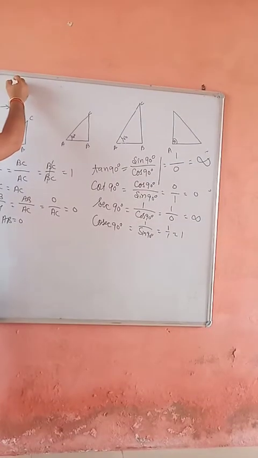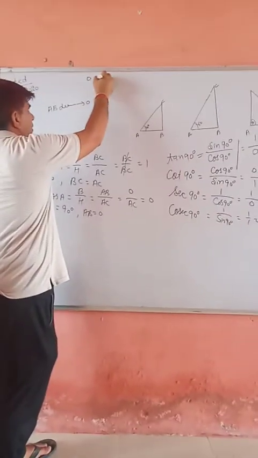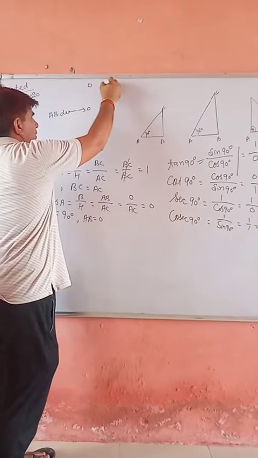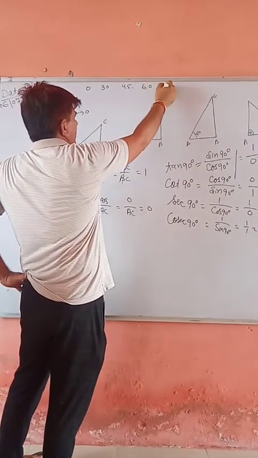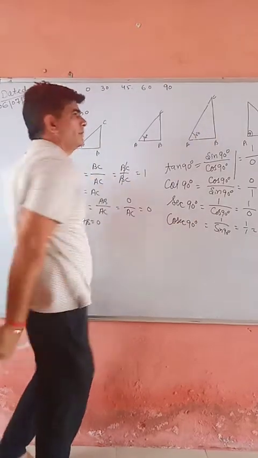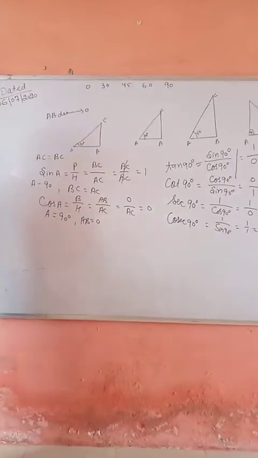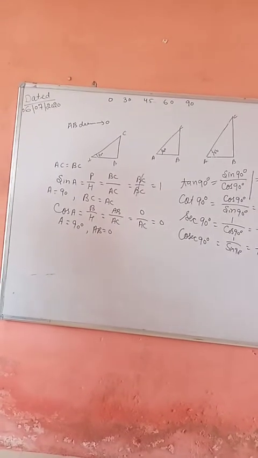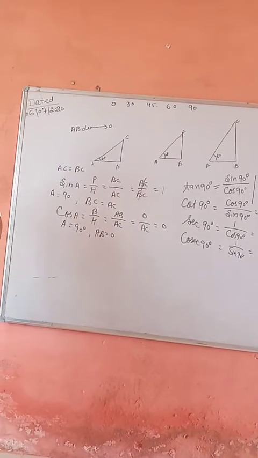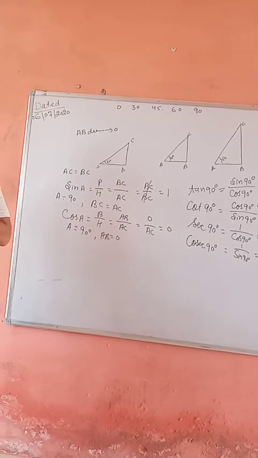About trigonometric ratios at 0 degree, 30 degree, 45 degree, 60 degree, and 90 degree. All about these. On page number 185, a table is also given.